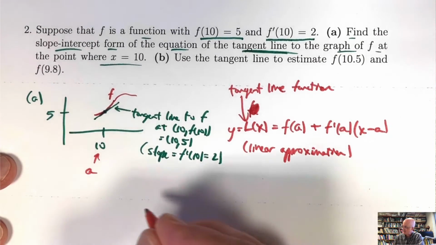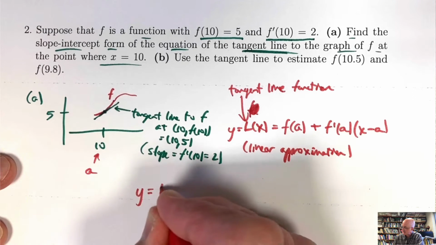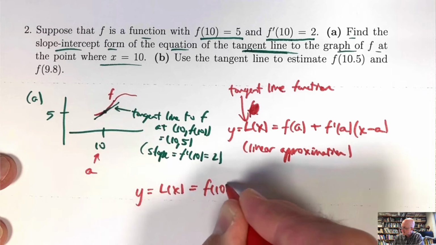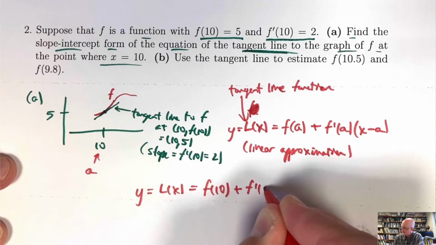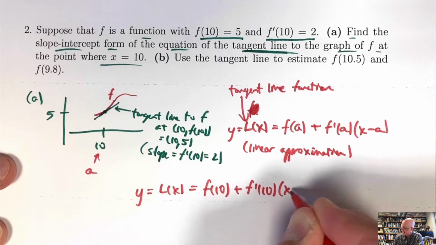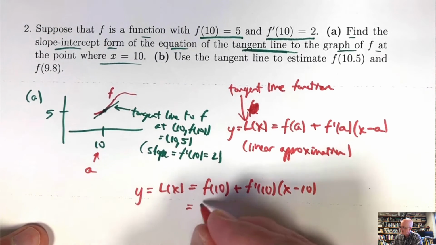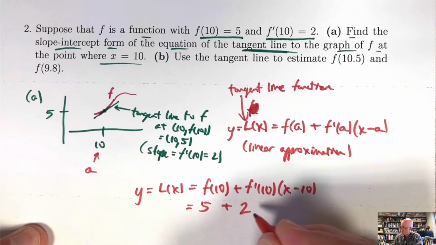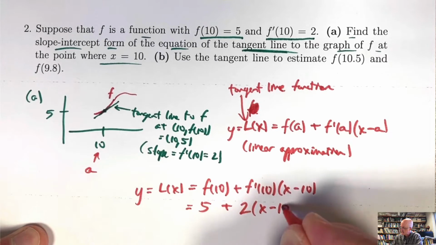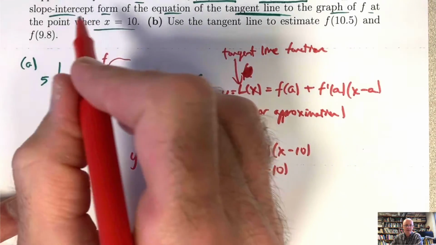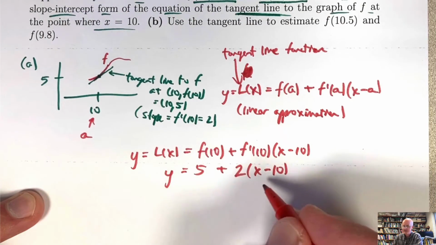So for our problem, y equals L of x, and again, the L of x is optional, is f of 10 plus f prime of 10 times x minus 10. Plug in the numbers. f of 10 is 5. f prime of 10 is 2. So there is an equation for the line. It's not quite in slope-intercept form yet because I need to simplify it.